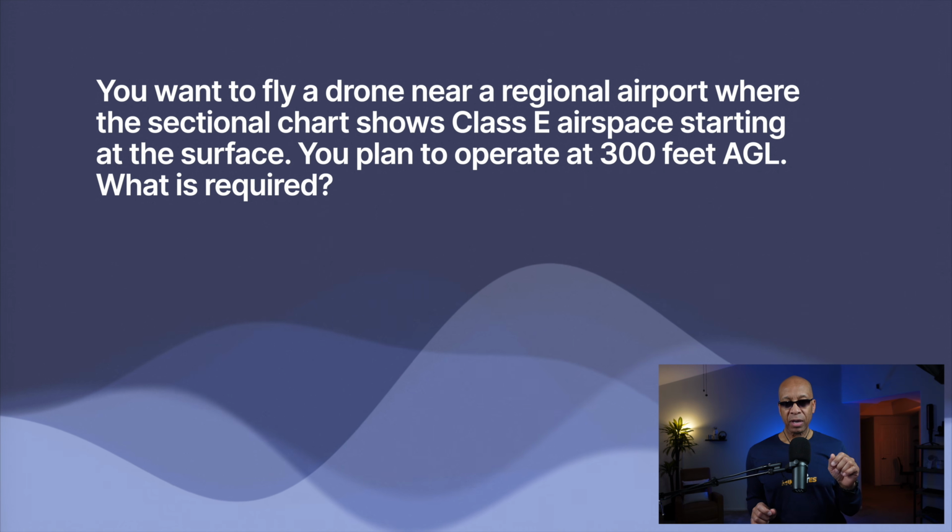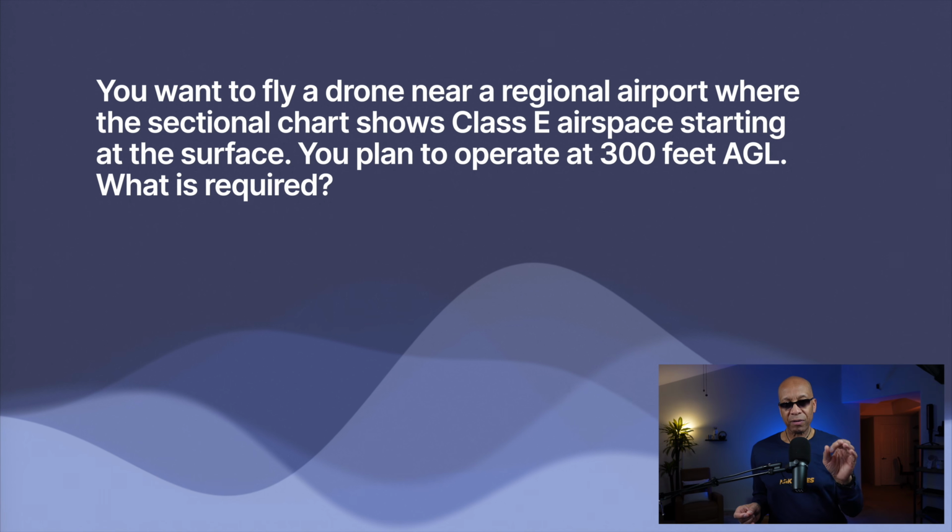What is required? Now, a lot of you are going to think that Class E airspace does not require authorization. And the reason that you're thinking that is because they already confused you by thinking that Class E airspace begins at 700 feet AGL, or Class E airspace can begin at 1,200 feet AGL. And you're already saying, well, it's 300 feet AGL that I'm going to be flying.